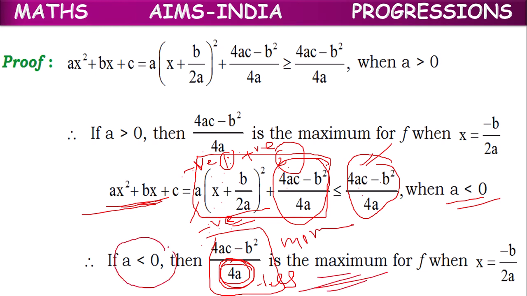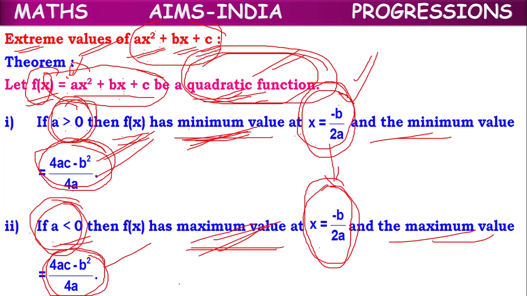So if a is less than 0, this total value will be maximum, and this will be maximum when we keep minus b by 2a in the place of x. So like this we can prove the maximum and minimum values of a quadratic function, children.